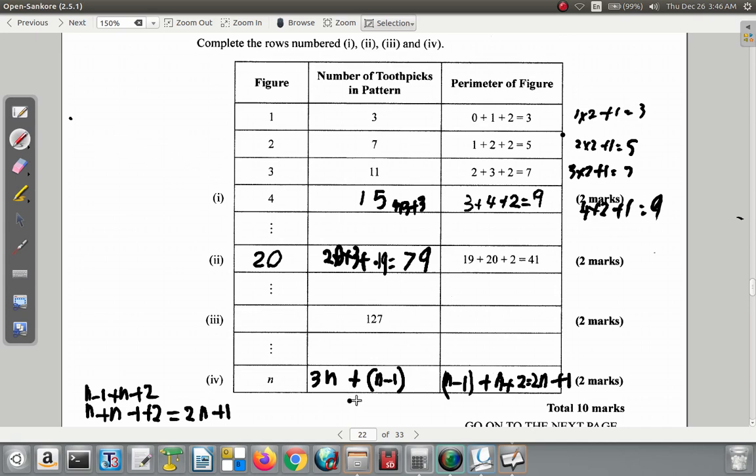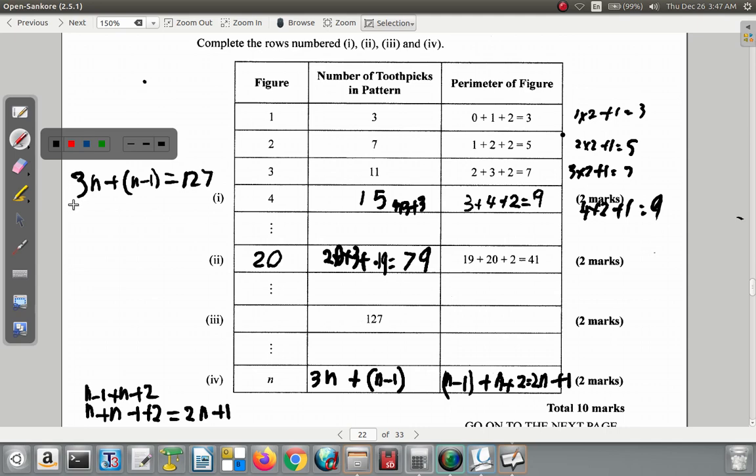Nice. Looks a little better now. So here now, what I have is 3n plus n minus 1 is equal to 127. I just want to know what n would be here.